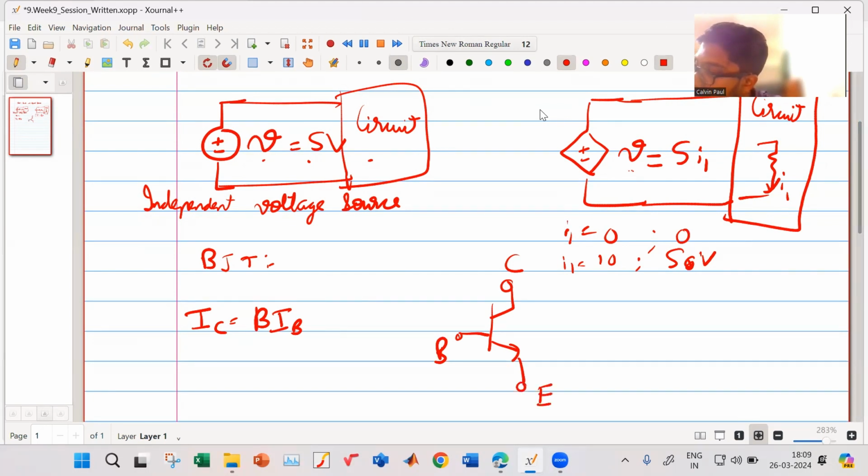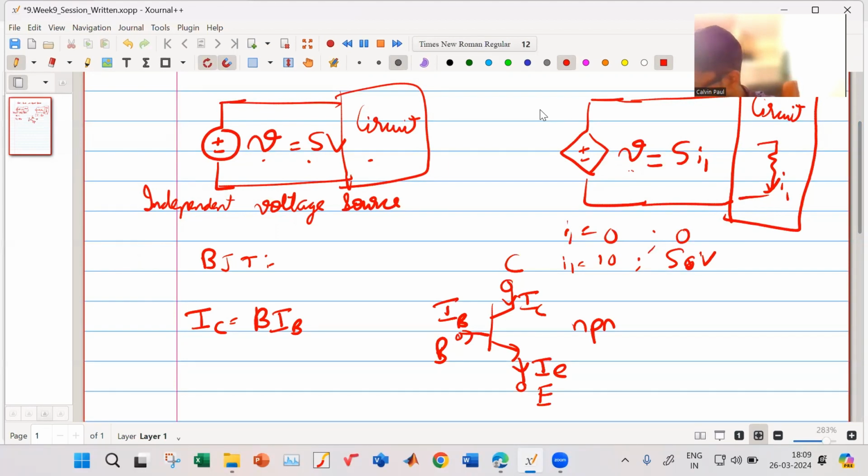So is this NPN or PNP? NPN transistor. Okay. Why? Because the arrow is pointing outside. So it is NPN. It is a 3-terminal device. So this is your current IC, this is your current IE, and this is your current IB.